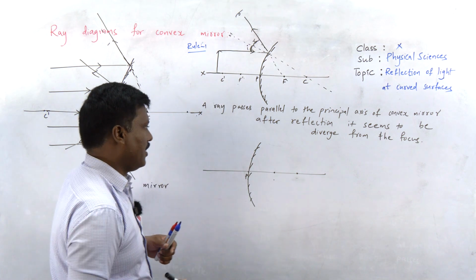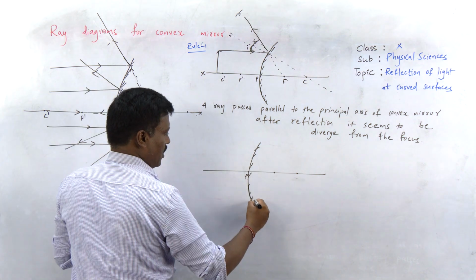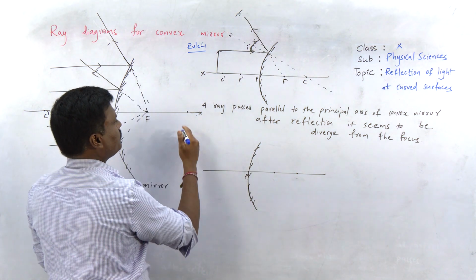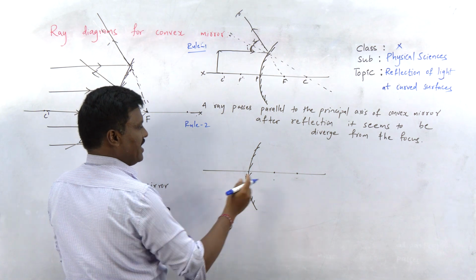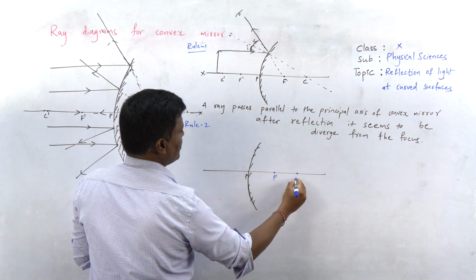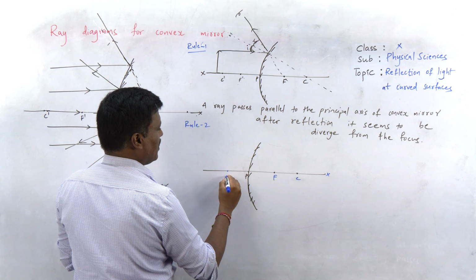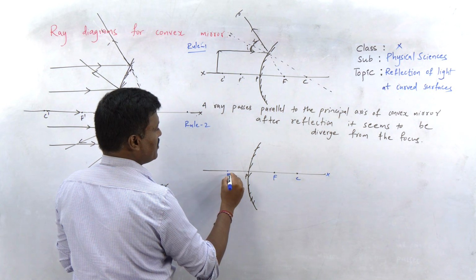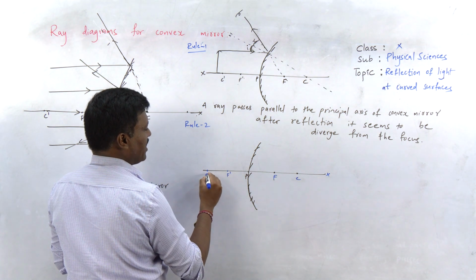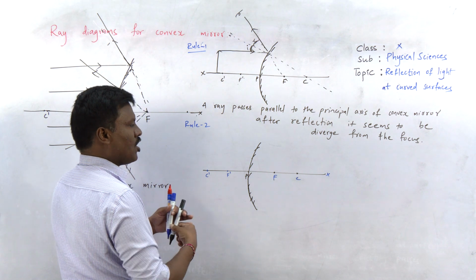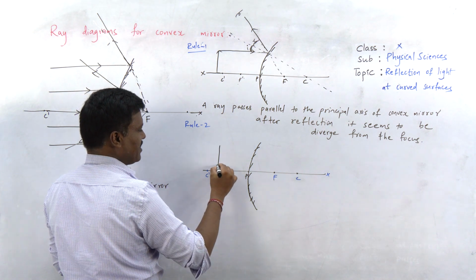Okay. Next, rule number 2. See, this is the real focus and this is the real center of the curvature, but we are going to draw the virtual focus and virtual center of the curvature. We can place the object anywhere on the principal axis.